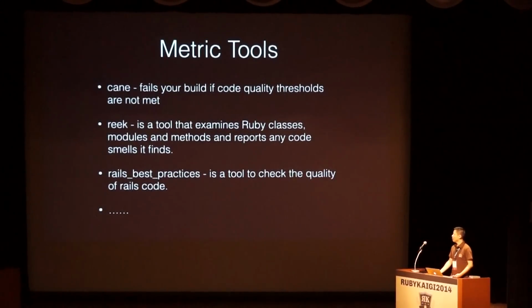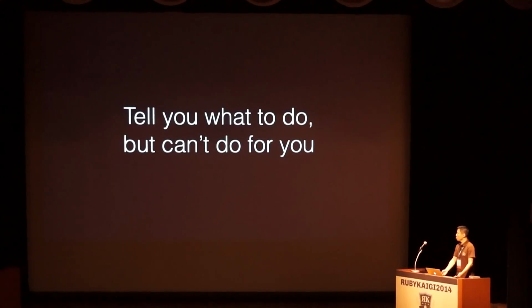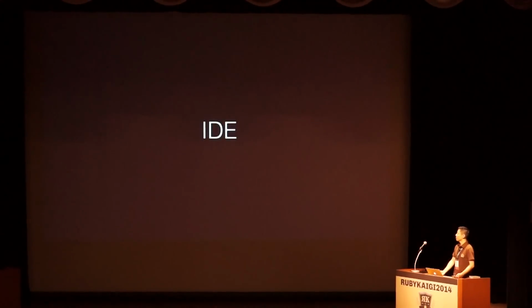And Reek is a tool that examines Ruby classes, modules, and methods, and reports any code smells it finds. And Rails Best Practices is a tool to check the quality of Rails code, and there are many other metric tools. But most tools can tell you what you should do, but they can't do the change for you. So we tried to find other solutions.